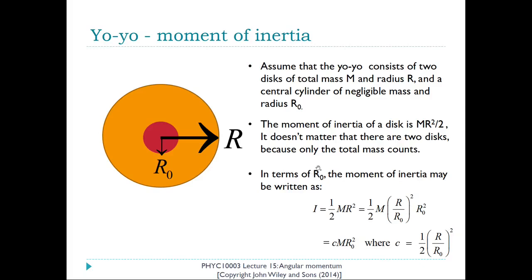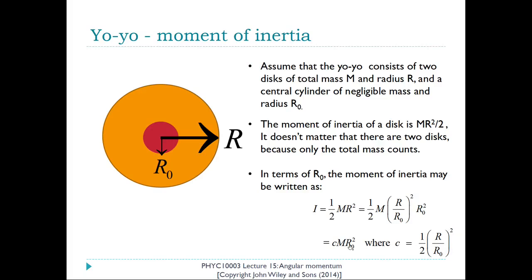So we're wanting to get this in terms of our r naught with the moment of inertia of the whole system. So this component here, we're moving that with the 1/2. That's our c. So then c times m times r naught squared.